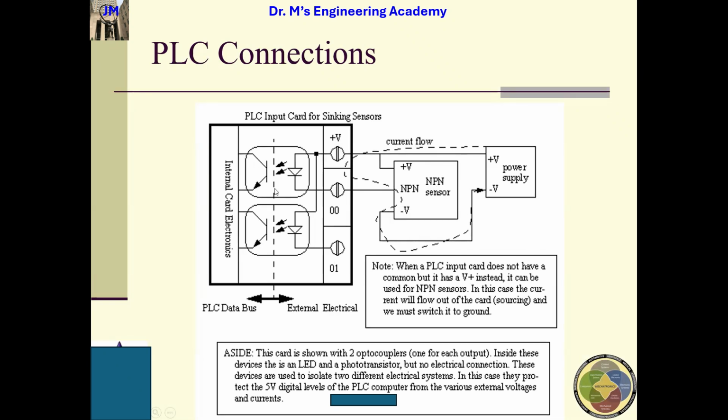So here is the opto isolator. Okay. The opto isolator is a whole thing. When you compare the device, it's called an opto isolator, and it has several terminals, and you can connect this opto isolator. So this is the whole thing, and it's physically one device. So this is a sinking sensor.